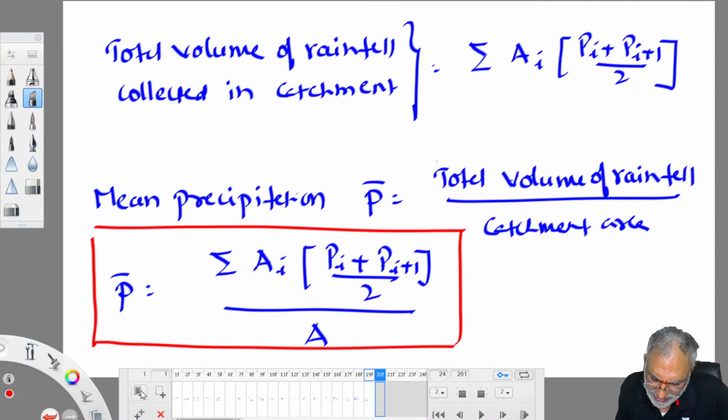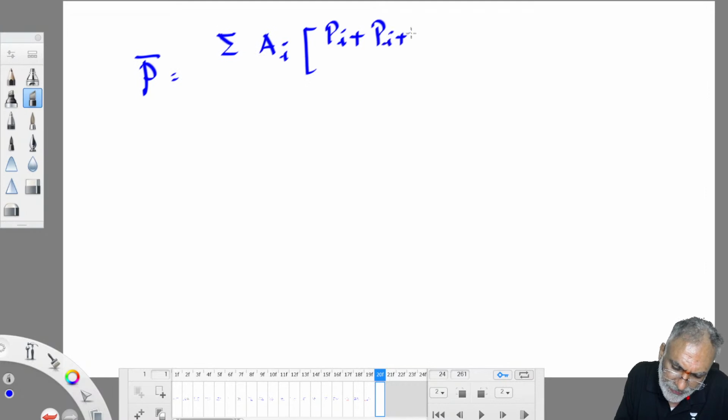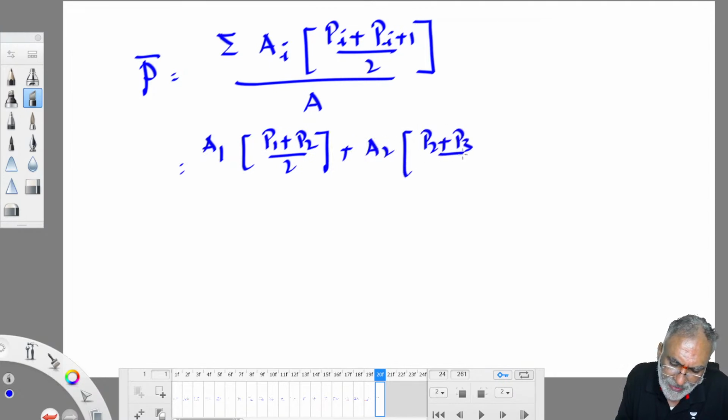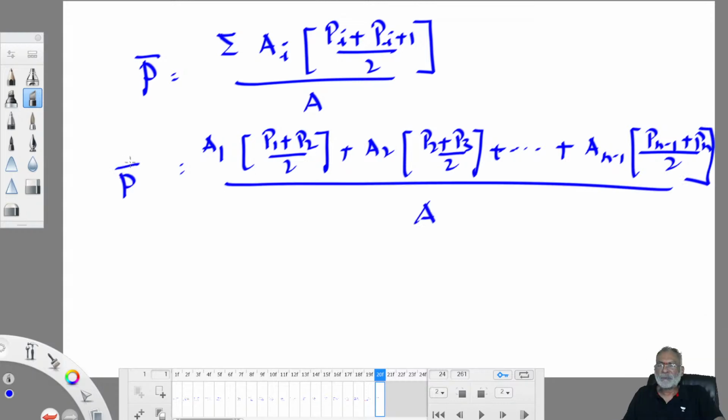If you expand and write this equation, P bar is equal to A1 into (P1 plus P2) by 2, plus A2 into (P2 plus P3) by 2, and so on up to An minus 1 into (Pn minus 1 plus Pn) by 2, divided by the total area of the catchment. Understood?